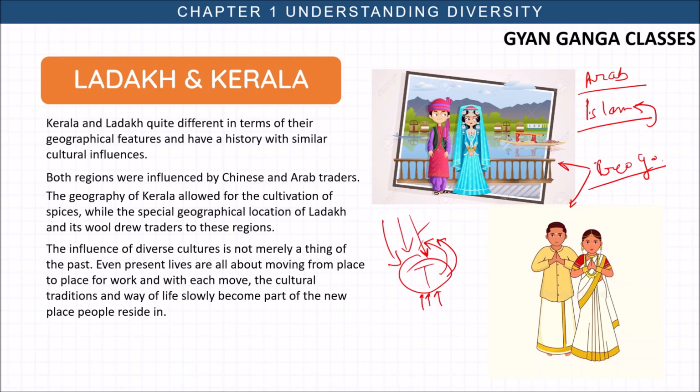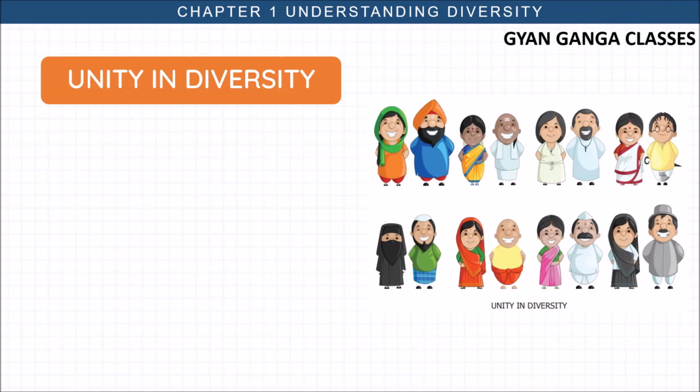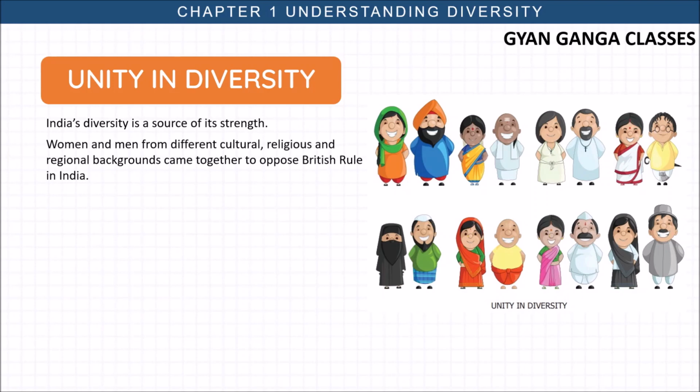Okay. So with this, now learn about unity in diversity. How is there unity in diversity? This is the specialty of India. India's diversity is the source of its strength. Women and men from different cultures, religions, and religious backgrounds came together to oppose the British rule in India. When there was British rule, people from different cultures, different religions, speaking different languages, came together to oppose the British rule.